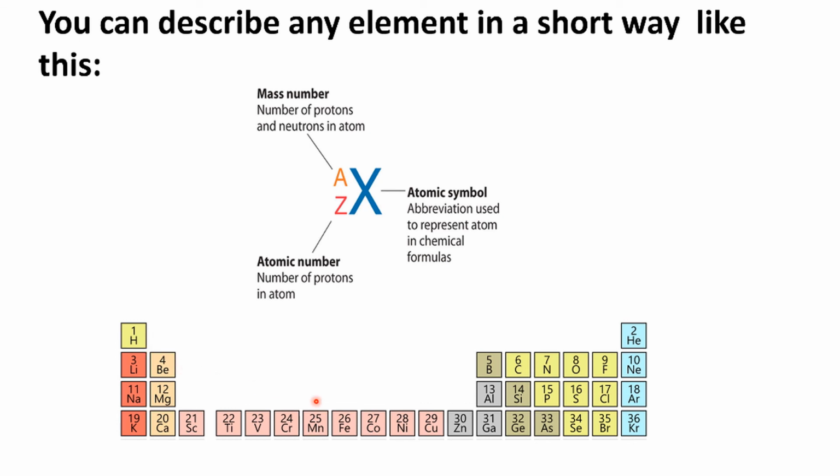This is the periodic table. It has many elements with atomic numbers 1, 2, 3, 4, and so on. 1 is the atomic number of hydrogen, 2 is the atomic number of helium, lithium's atomic number is 3, and beryllium's atomic number is 4.